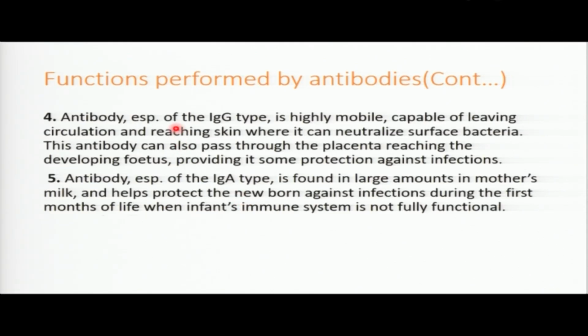Number five, antibody, like this immunoglobulin G type, is highly mobile, capable of leaving circulation and reaching the skin where it can neutralize the surface of bacteria. You see, we have some bacteria that are mobile. They can move through the blood, then reach the skin where there are bacteria, germs, and viruses.